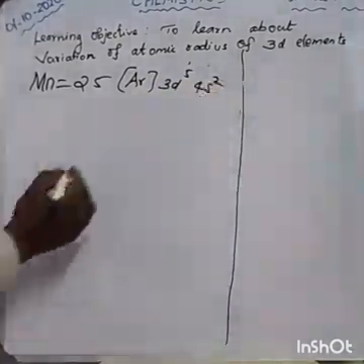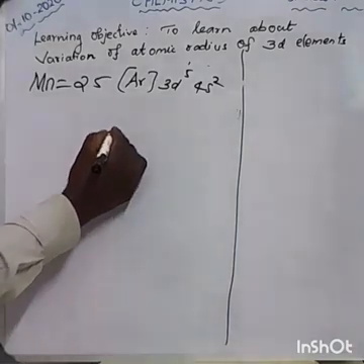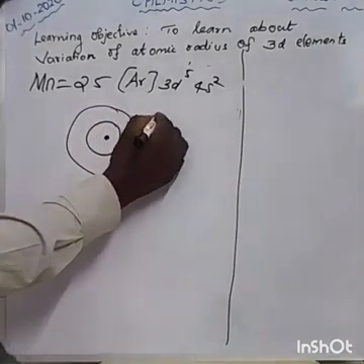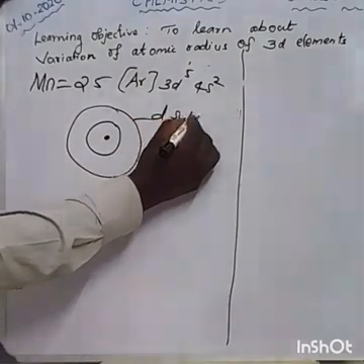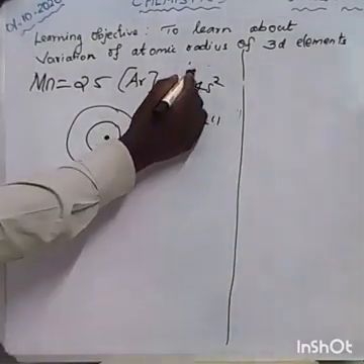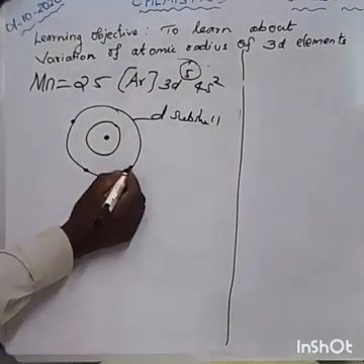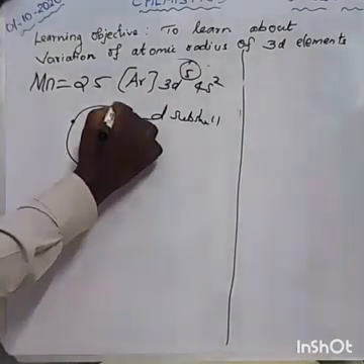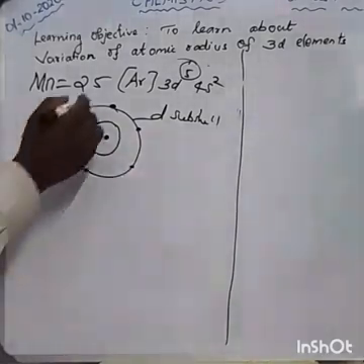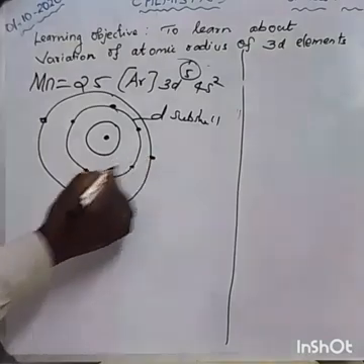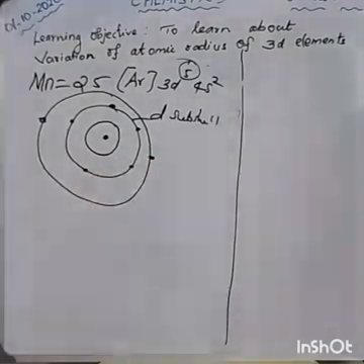Okay? D subshell, how many electrons are there? 5 electrons: 1, 2, 3, 4, 5. What about the 4S? How many electrons? 1, 2. So here, what's the condition?